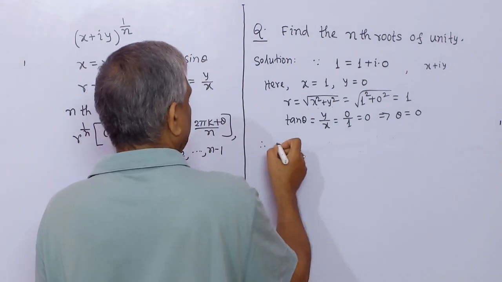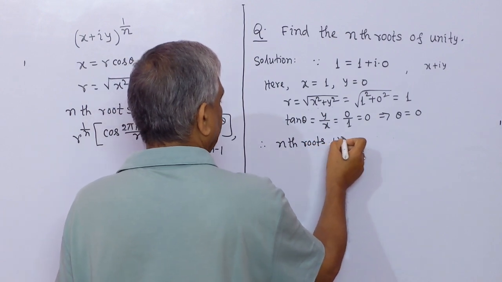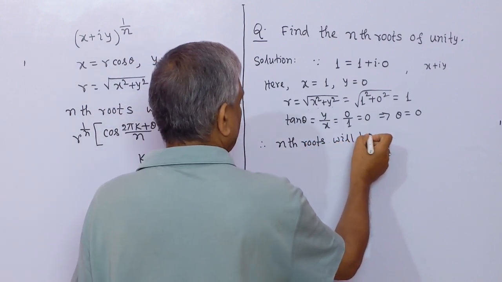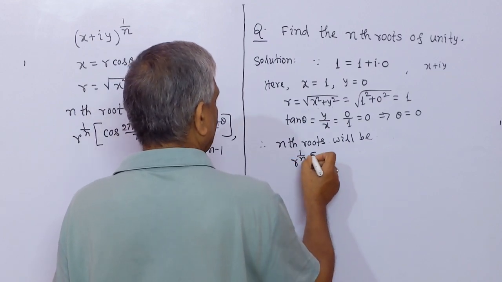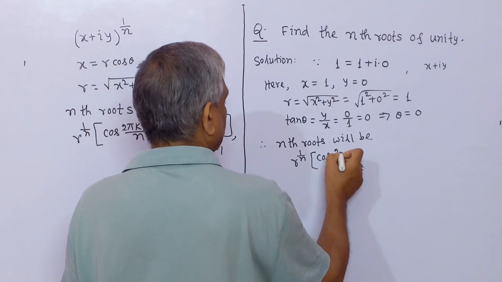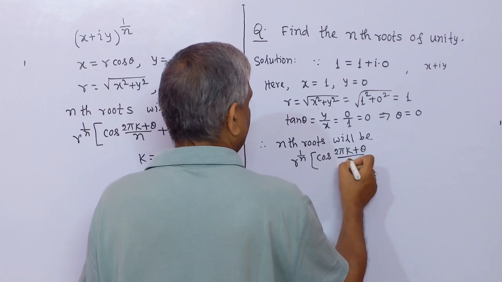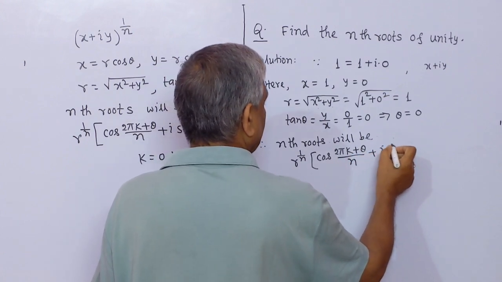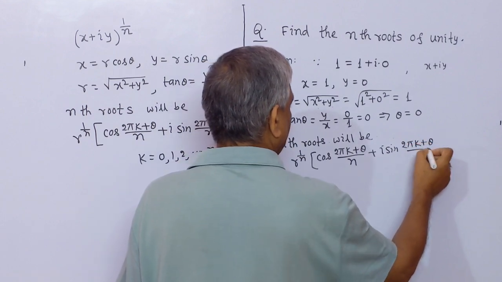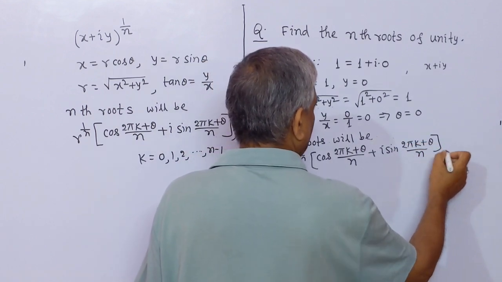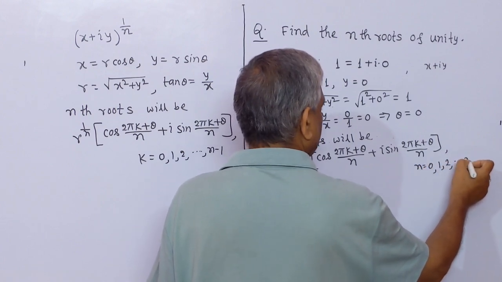Therefore, the nth roots will be r to the power 1 by n, cos of (2 pi k plus theta) by n plus i sin of (2 pi k plus theta) by n, k equal to 0, 1, 2, up to n minus 1.